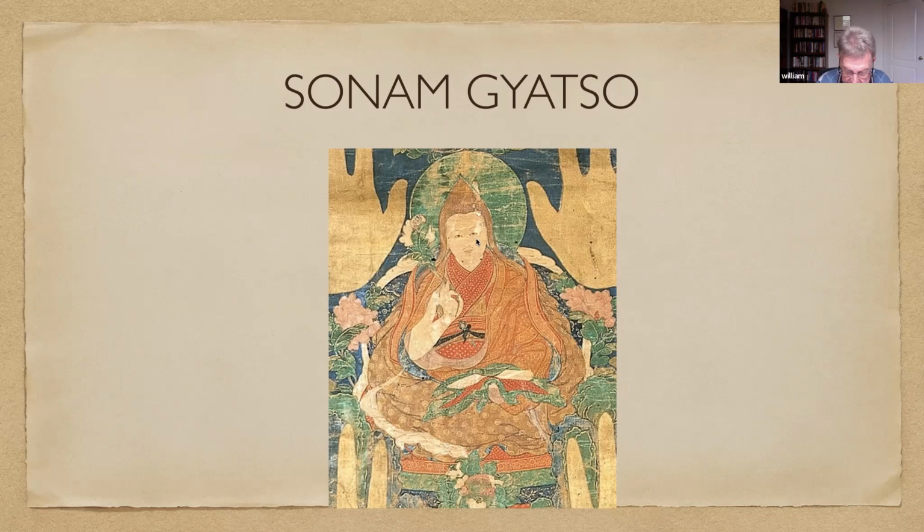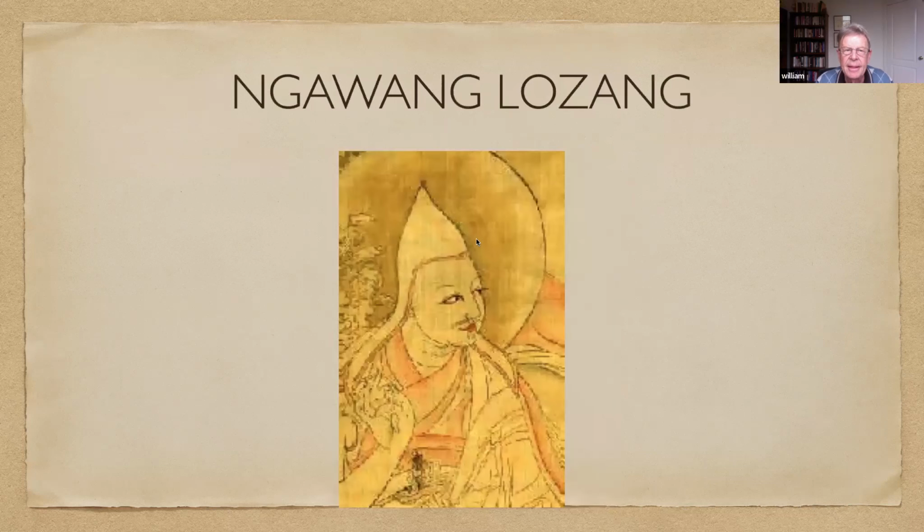So this is Sonam Gyatso, and this starts the series of Dalai Lamas. The fifth Dalai Lama, Nawang Losang Gyatso, 1617 to 1682, is known for unifying the Tibetan heartland under the school of Gelug.